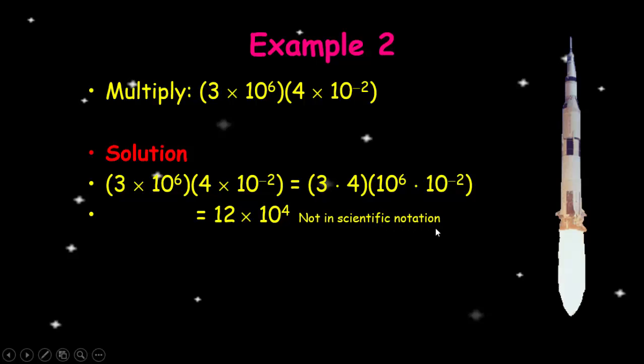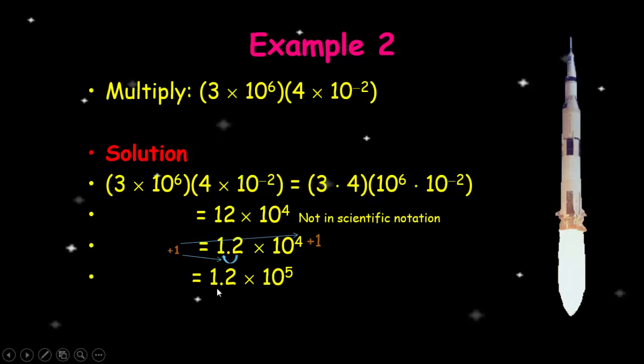But this is not in scientific notation, so we have to put it into scientific notation by adding 1 over here and moving the decimal point one place over here. And we get as our final answer 1.2 times 10 to the 5th.